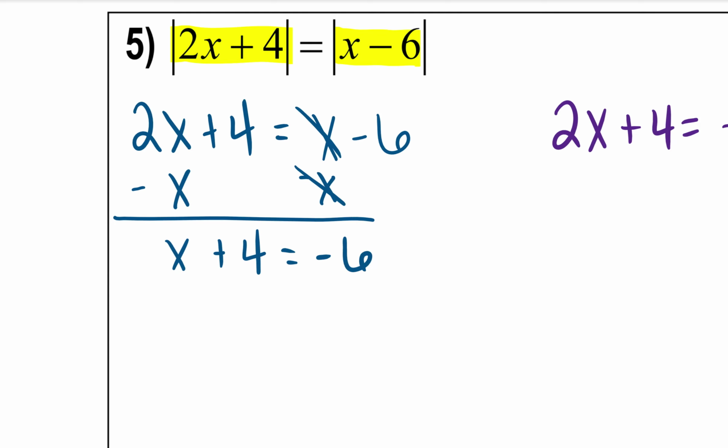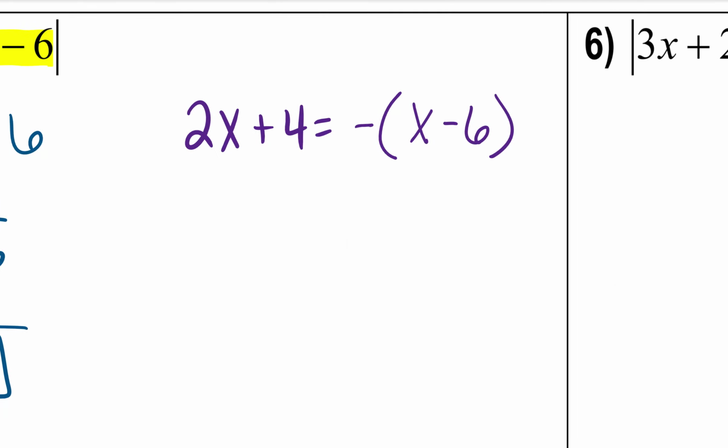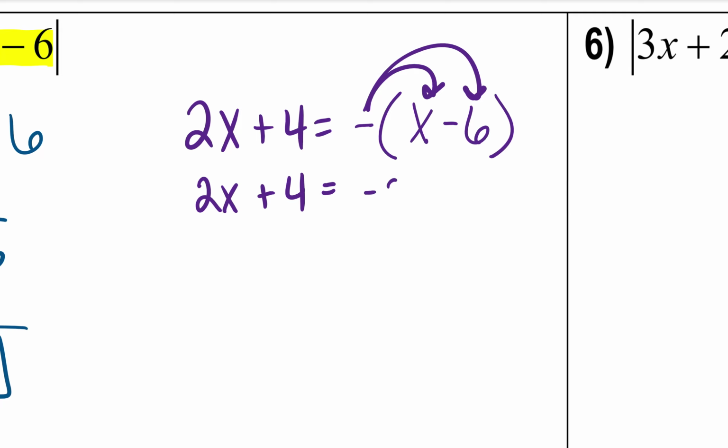So then I subtract 4. So I have x equals negative 10. Okay, on the right side. So on the right side, you first have to distribute this negative that we put in the front. So I would have 2x plus 4 equals negative x plus 6.